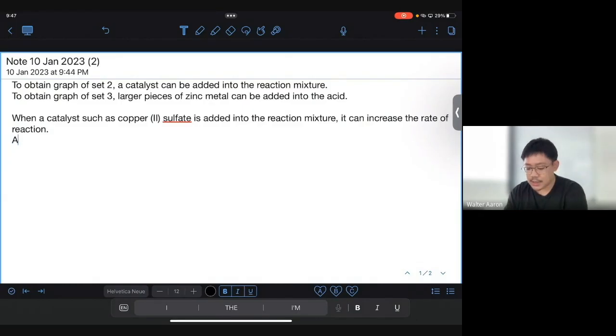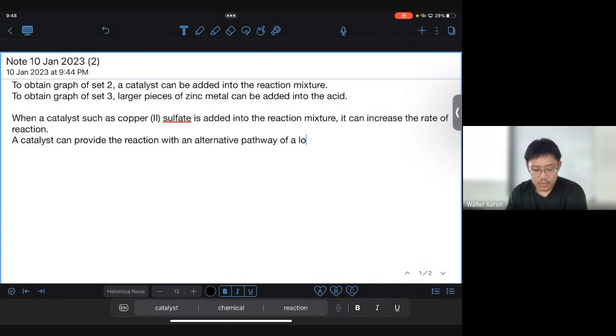So you say that a catalyst can provide the reaction with an alternative pathway of a lower activation energy.